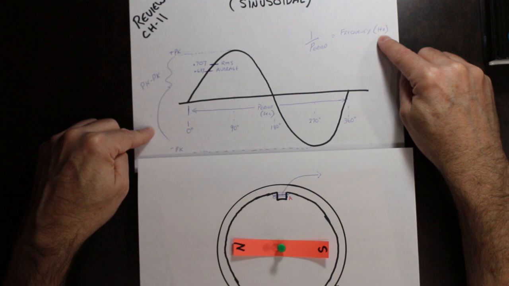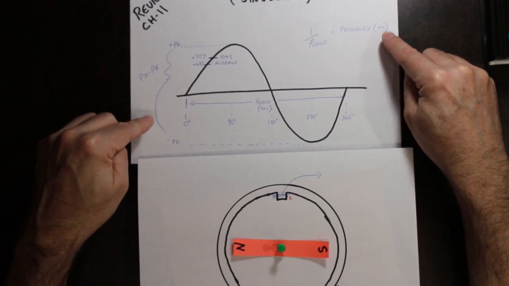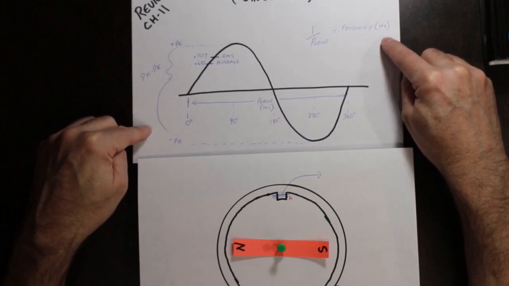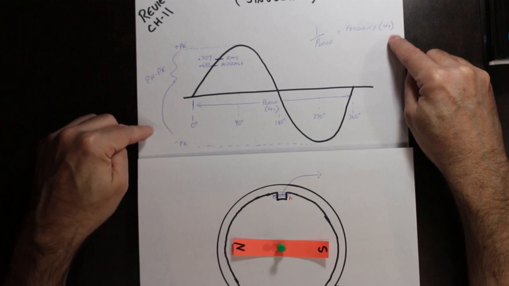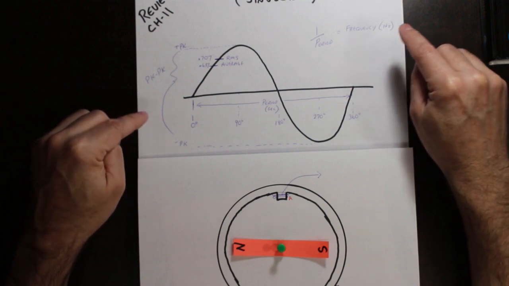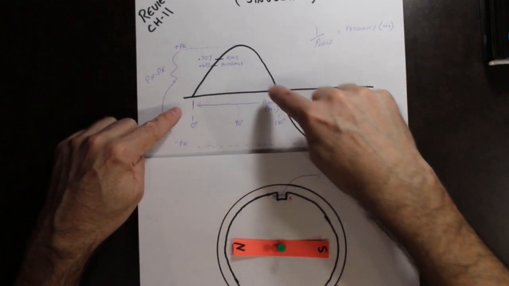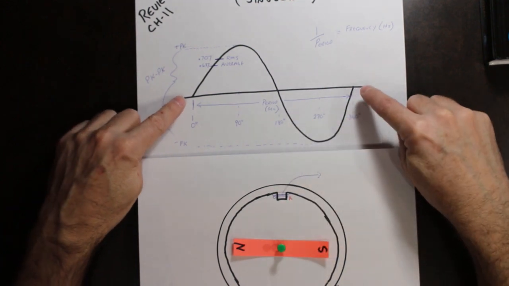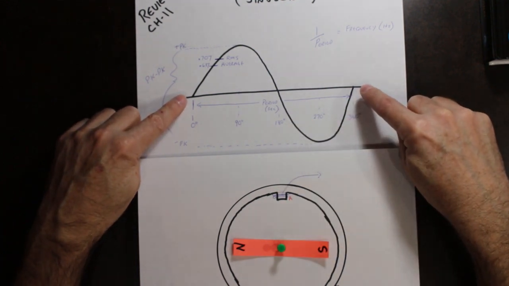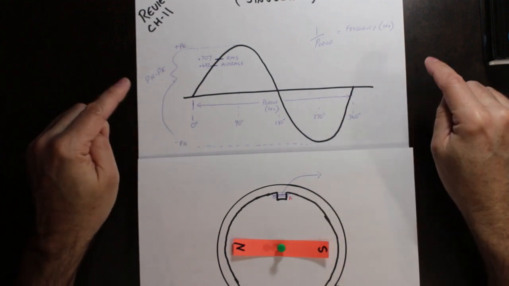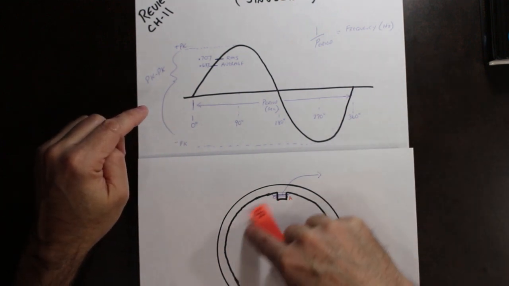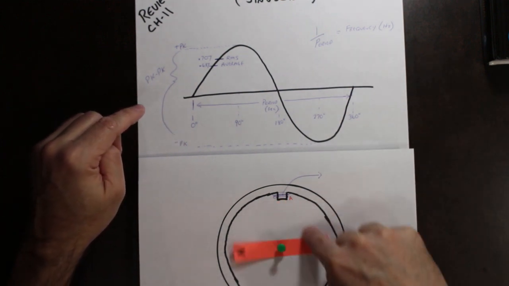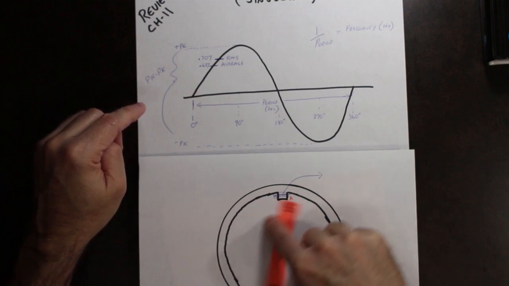You've heard many things like, oh, our voltage is running at 60 hertz. That means that we have 60 of these waveforms being generated inside a generator every second. So that means that Superman is spinning this 60 times a second.